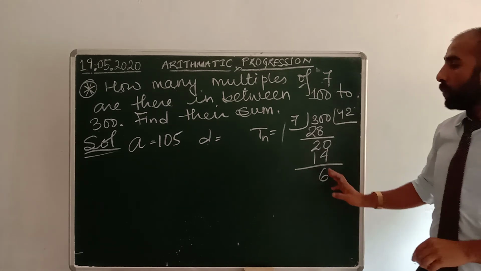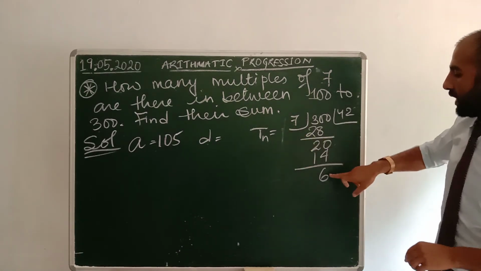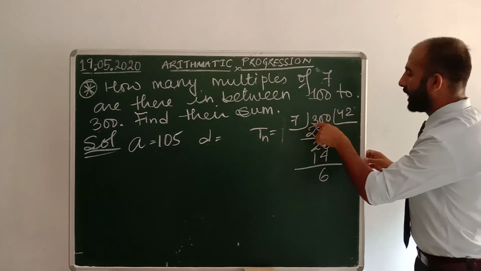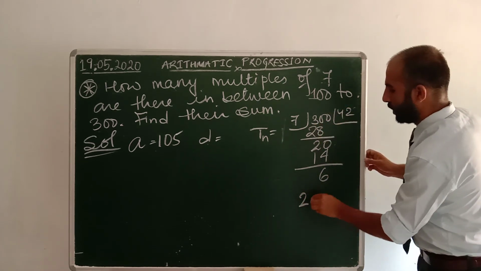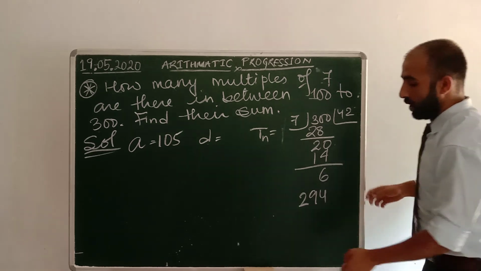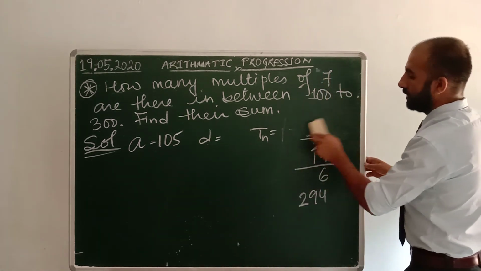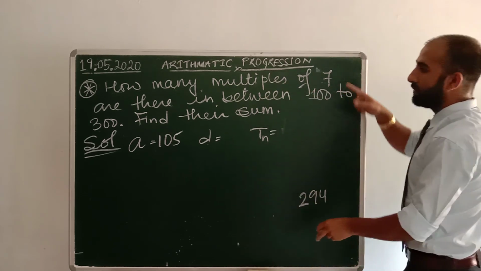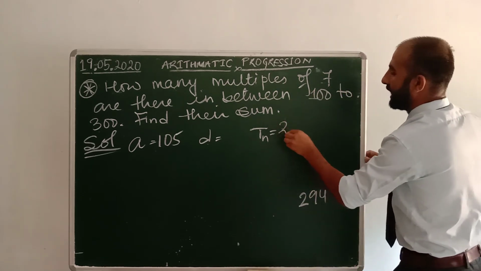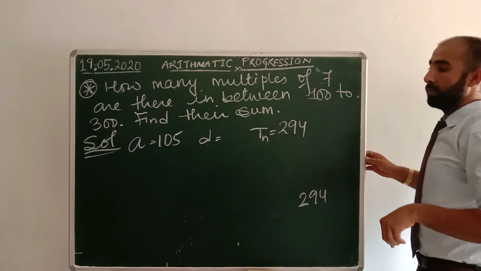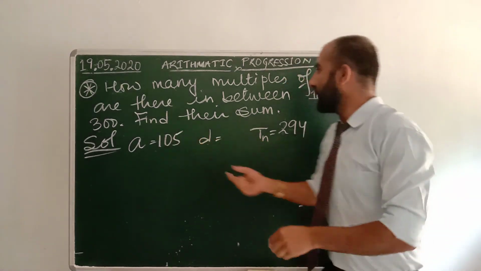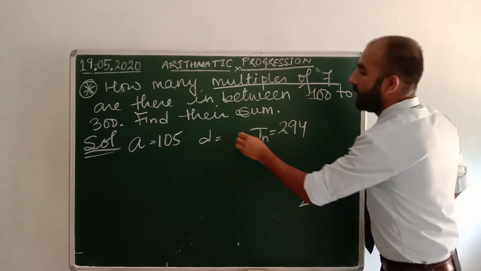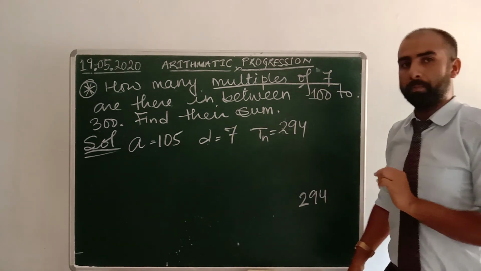In this case, we are going to subtract this remainder from the given number. So 300 minus 6 will give you 294. So the last number before 300 which is a multiple of 7 is 294. As we are talking about the multiples of 7, the common difference will be 7.